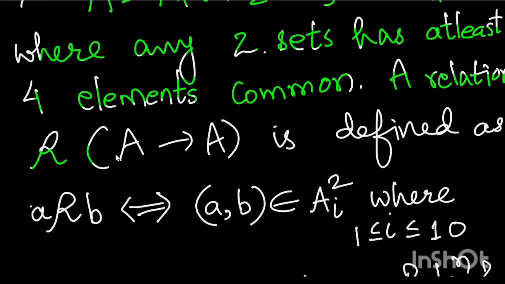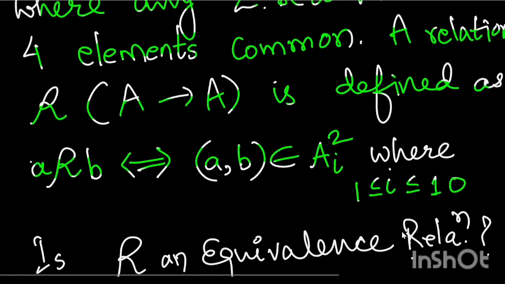Now a relation R on A is defined such that A R B if and only if (A, B) belongs to Ai square, meaning A and B belong to the same set from 1 to 10. That is, (A, B) is part of the relation if and only if both elements belong to the same set Ai. i can be any.